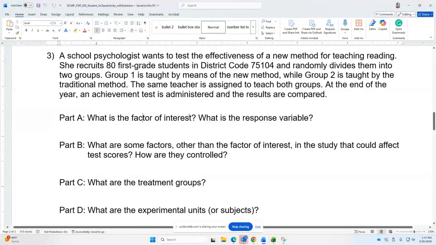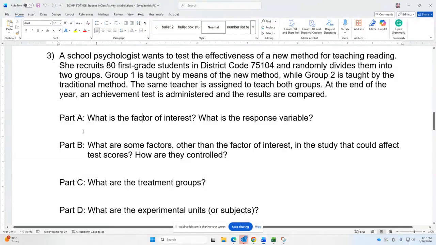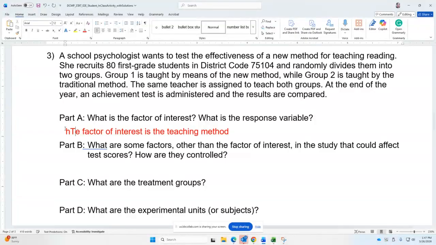All right, so what is the factor of interest? The factor of interest is the teaching method. That's what's going to change. They're going to be trying out the traditional method and trying out the new method.